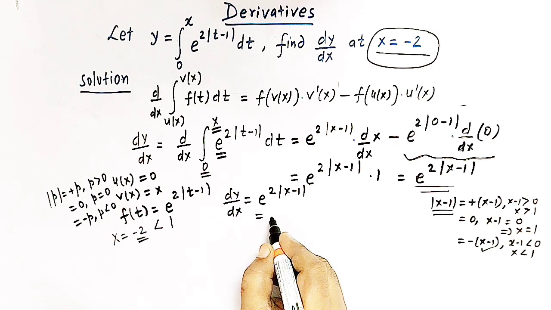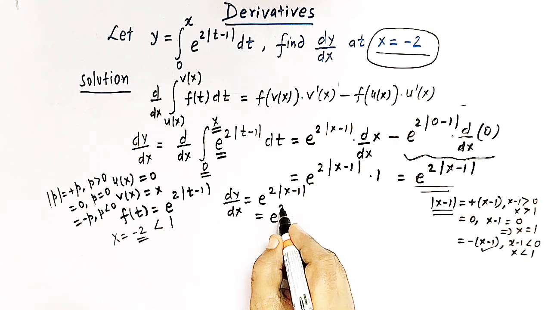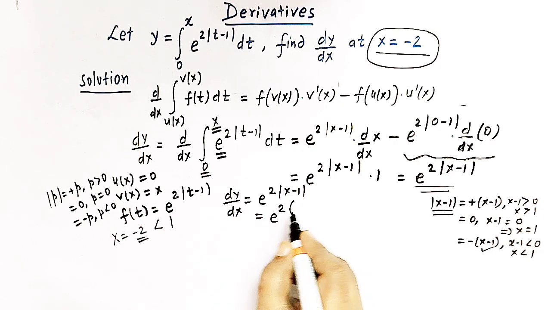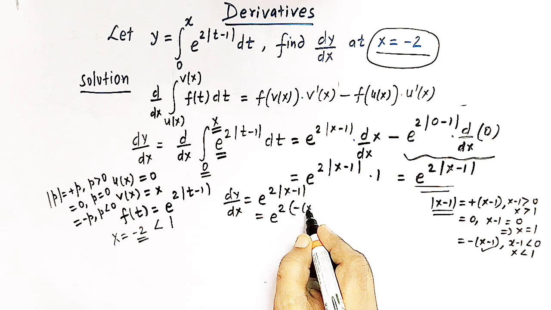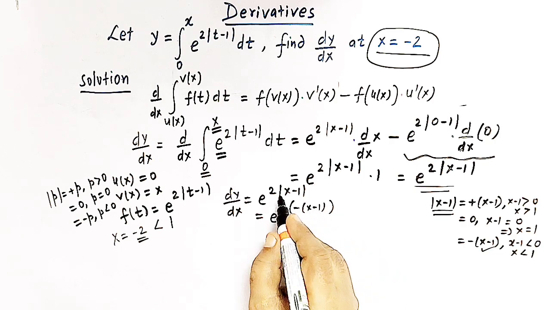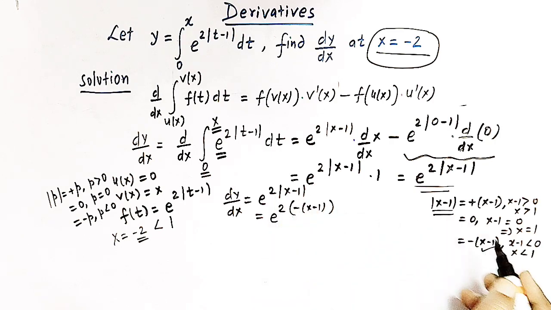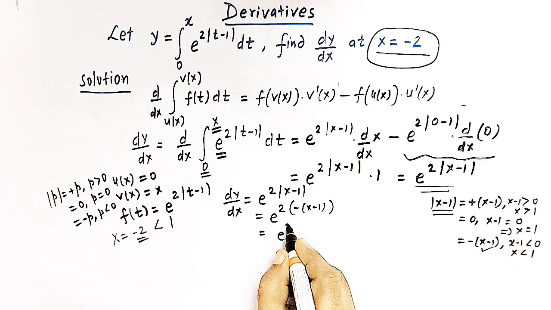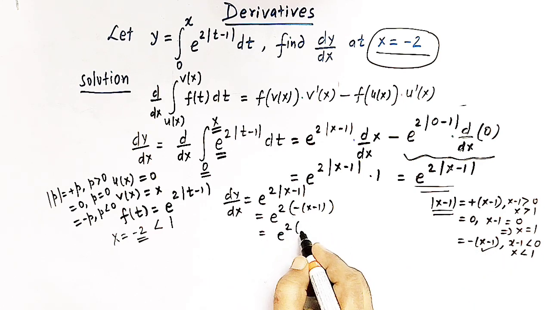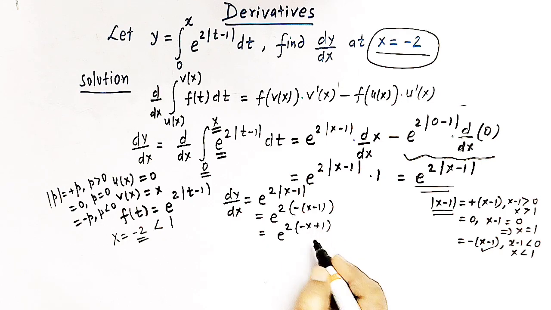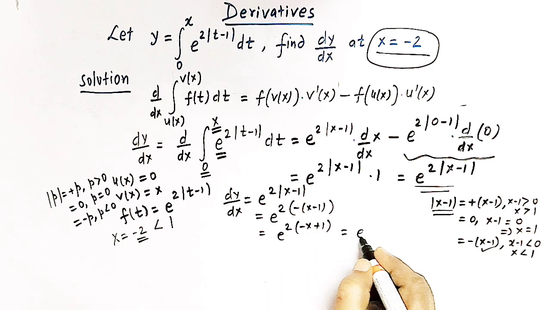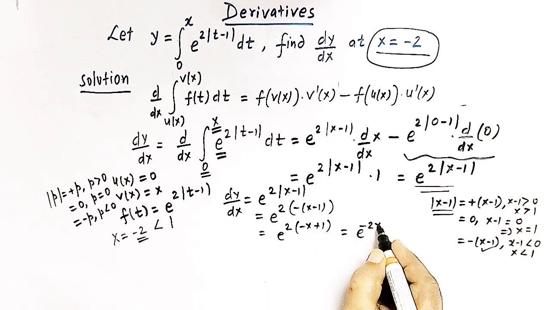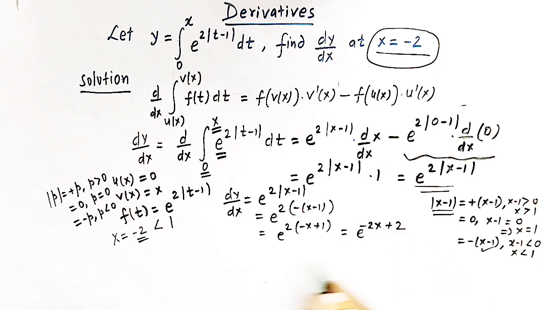So here we can now write e raised to 2 times negative of x minus 1. So replacing mod of x minus 1 by negative of x minus 1, we have e raised to 2 times minus x plus 1. So we can now write e raised to minus 2x plus 2, right?